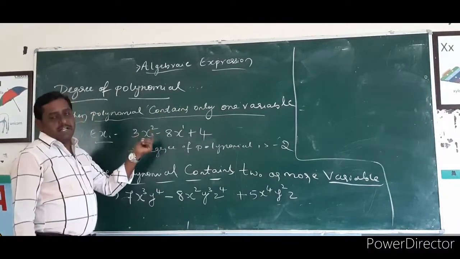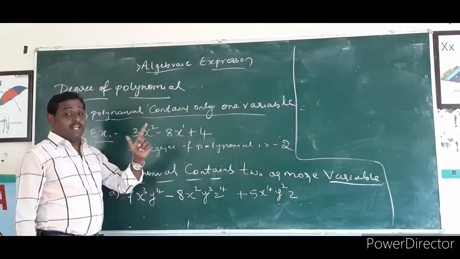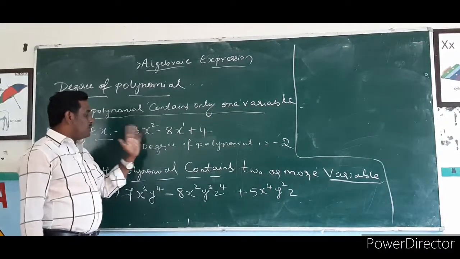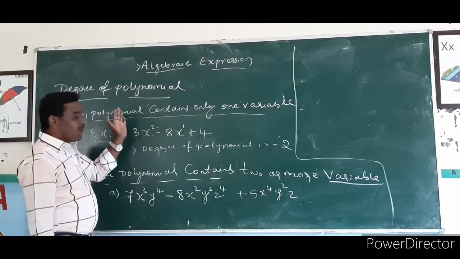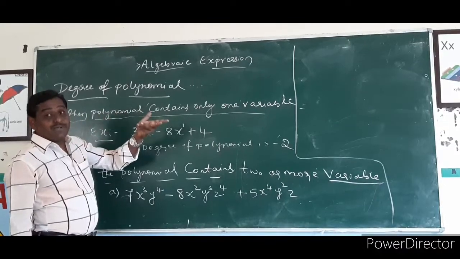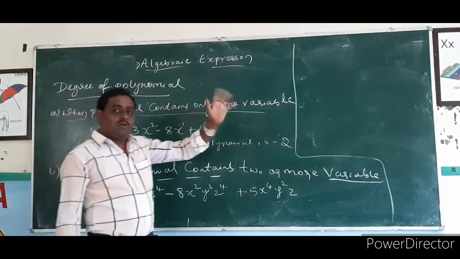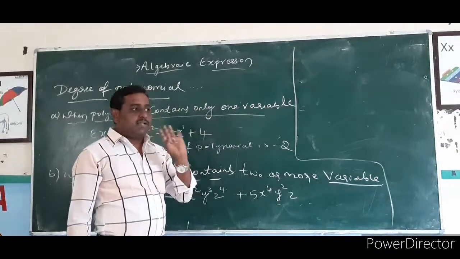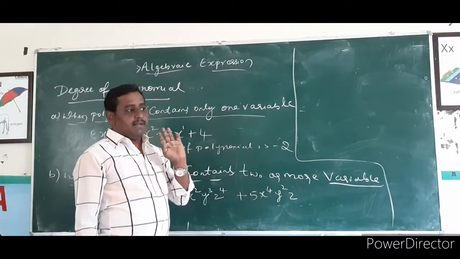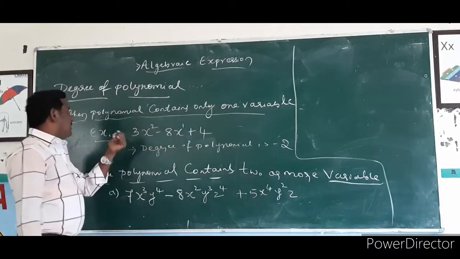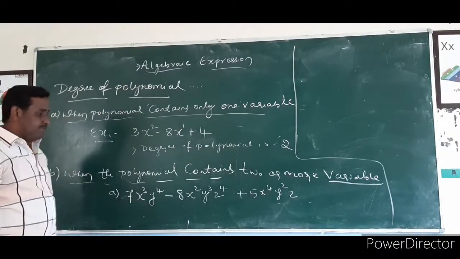We take the highest power of the variable in a one variable expression. Suppose x to the power of 3 is there, the degree is equal to 3. If x to the power of 4 is there, the degree is equal to 4. It depends upon the highest power of the variable. So we write the degree of polynomials containing one variable.